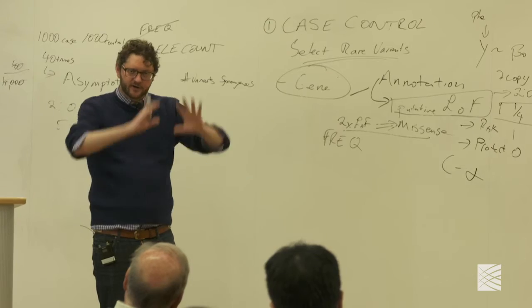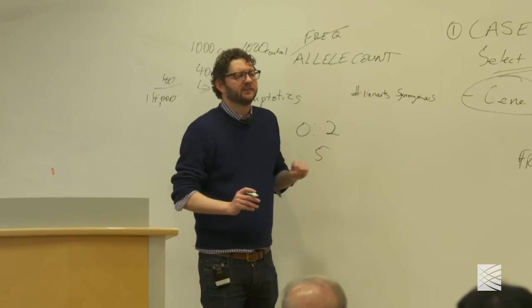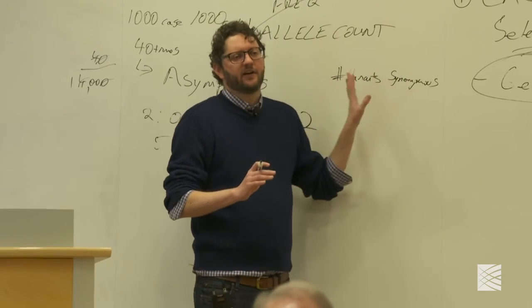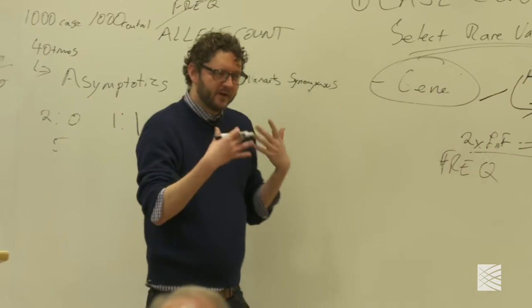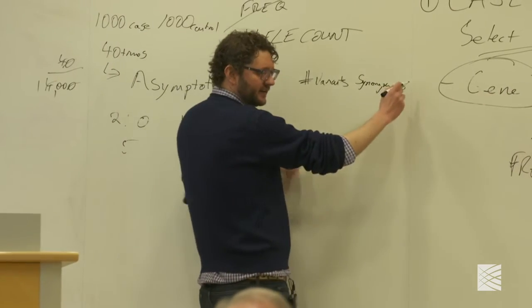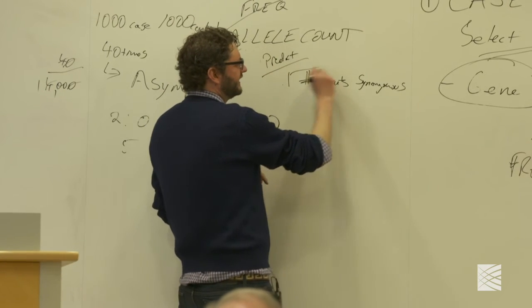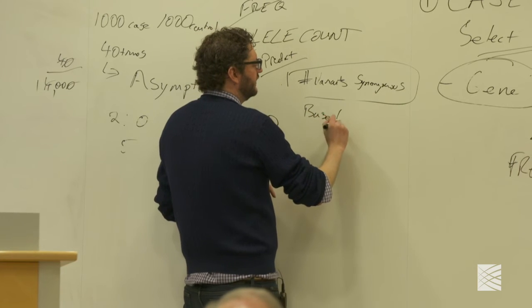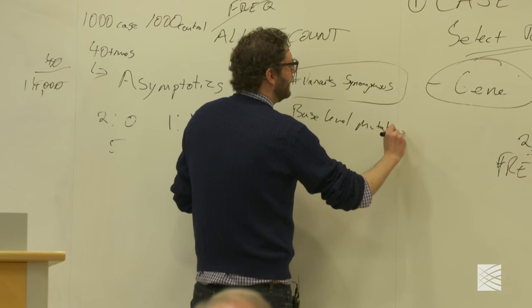We count the number of variants in a gene that are synonymous, and we model basically what fraction of these variants we're observing as a function of the mutation rate. So we build this model to predict this. This is what we're predicting. We're going to predict this based on the base level mutation rate. Okay?